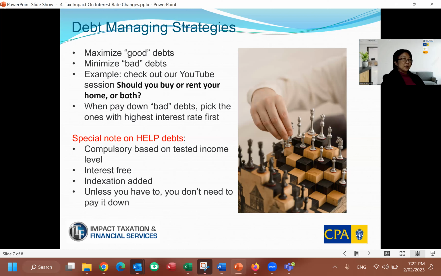You want to pick up the loan you're paying a higher interest rate on first, and then slowly go down to the ones where you're paying less interest or less cost. The cost of HELP debt is just the indexation or inflation rate.